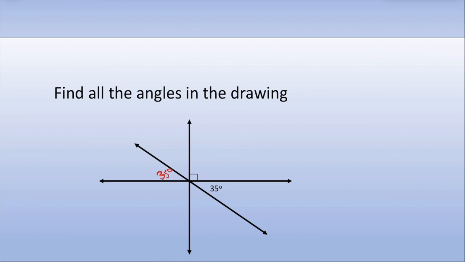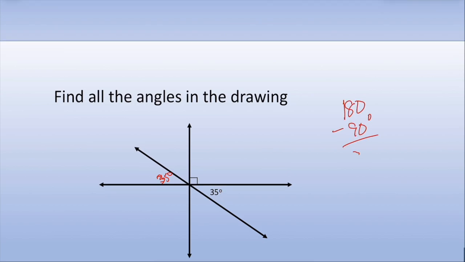Now, this total from here to here is 180. So this is marked 90. This is marked 35. If we take 180 and we take off 90, that means this side right here is 90, or these two must be complements. So let's just take off the 35. 35 from 90 is 55, so that's 55.